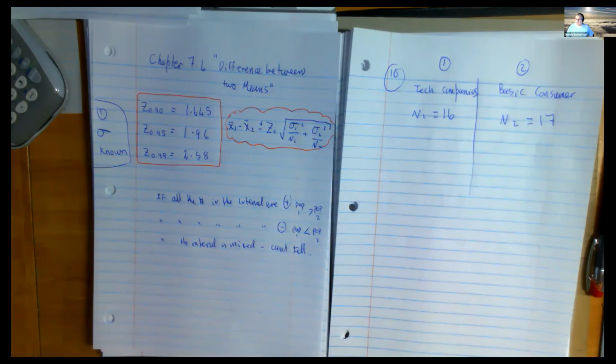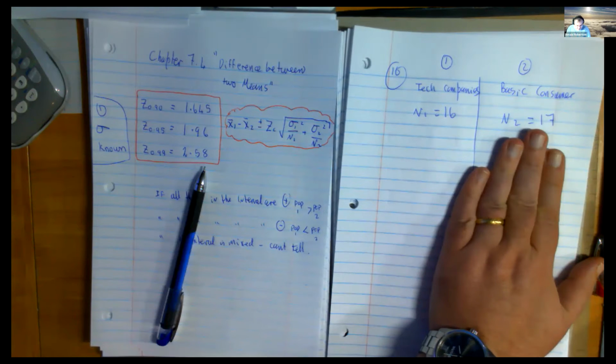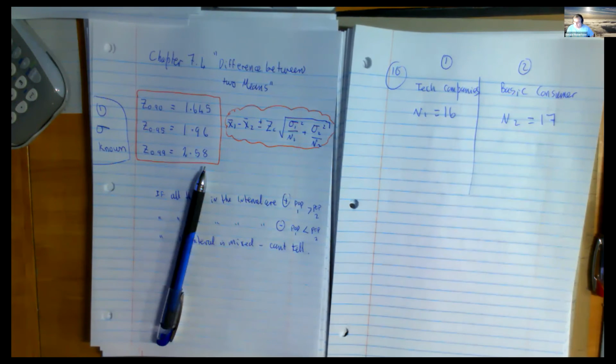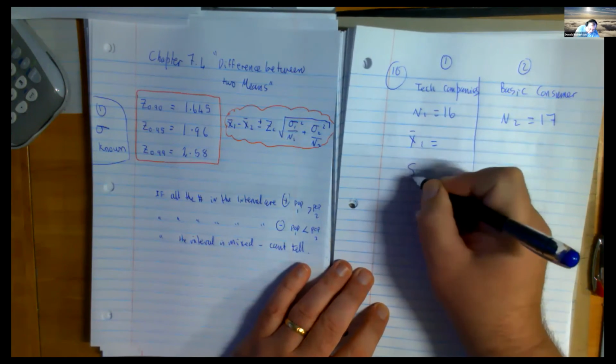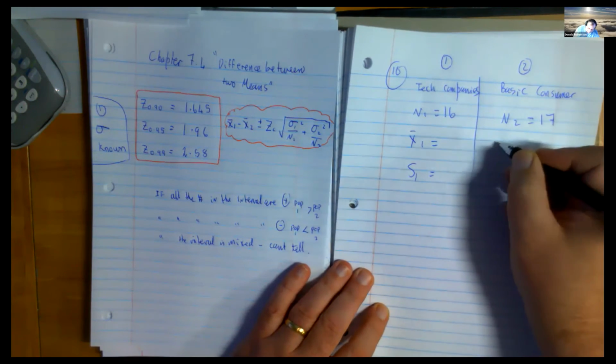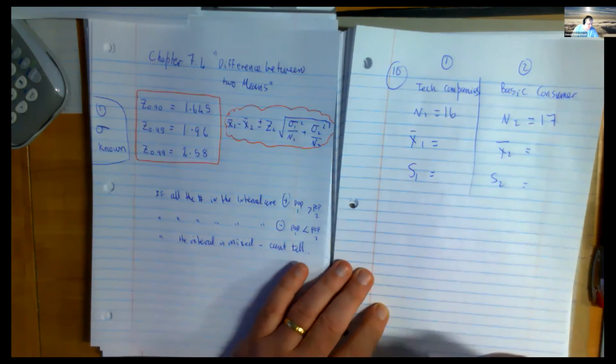The sample size was 17. And they had a whole load of data on this lot and a whole load of data on that. And I'm just going to go into salt and do it. And oh, let's set it up first. So I'm going to find the mean and standard deviation here and here.